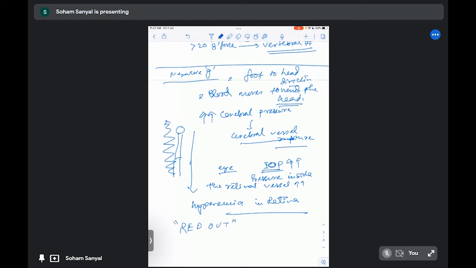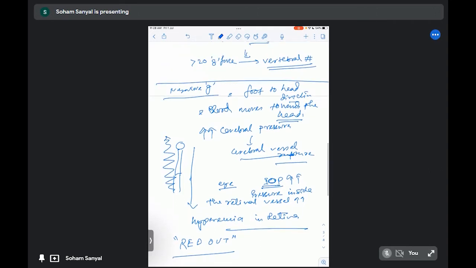So the person can lose his vision, but before that he can lose his vision due to the rupture of the retinal vessel, but before that there will be a momentary pan redness all over because of this excessive hyperemia and excessive blood over there. So this is extremely important. These two, positive G and negative G, one is blackout, the other is red out, you need to remember as a short note.